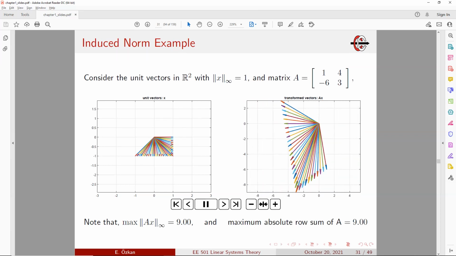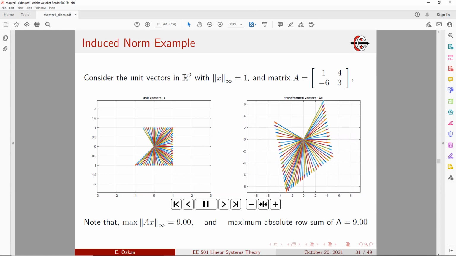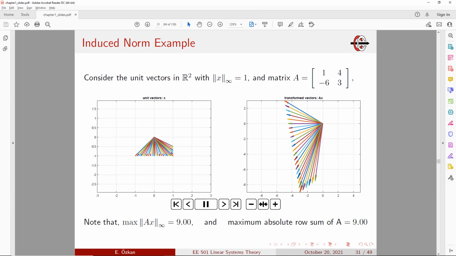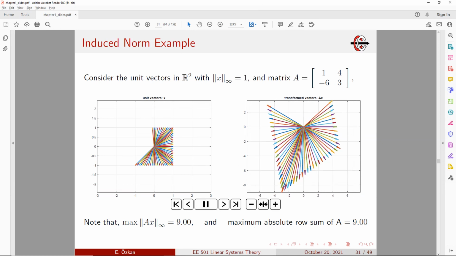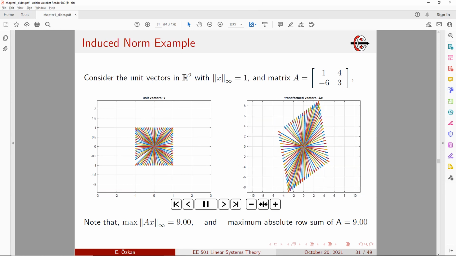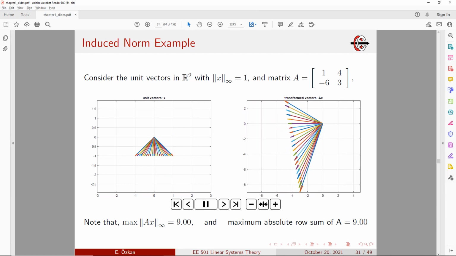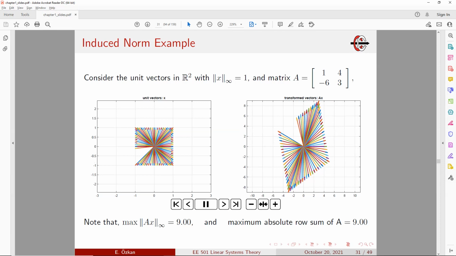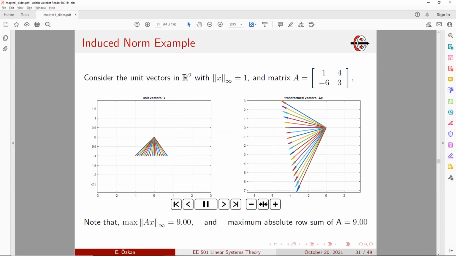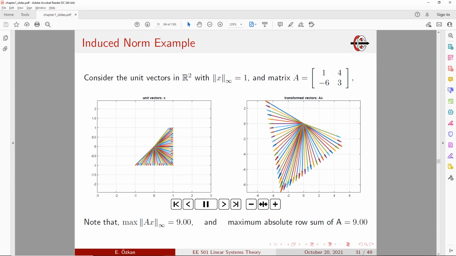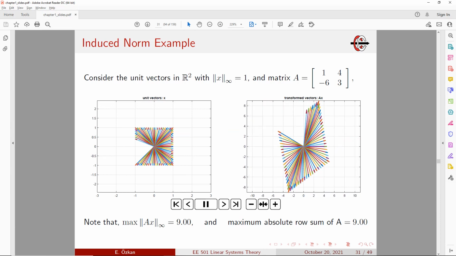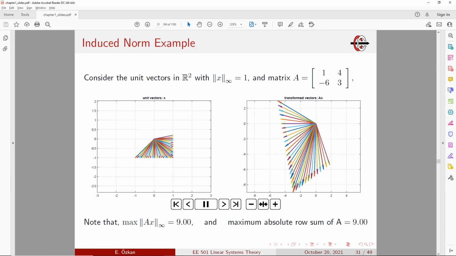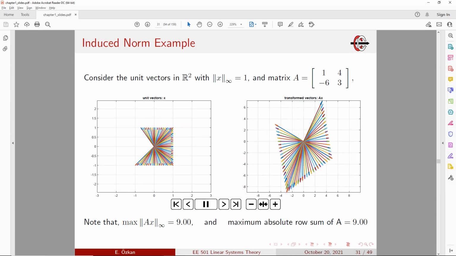For the infinity norm, it was a square basically. So these are the vectors which have a unit norm if I use the infinity norm to induce, and these are the transformed vectors A times x. For each one of these vectors, I still compute A times x, and then I compute the maximum value of those norms of the transformed vectors.